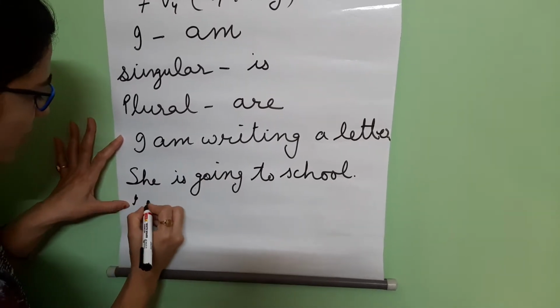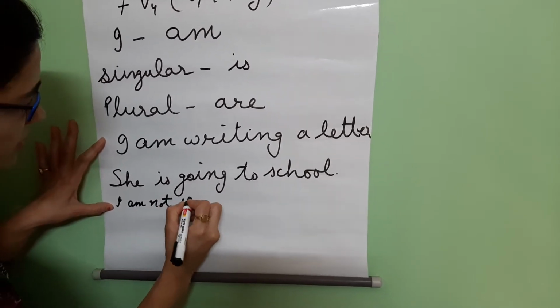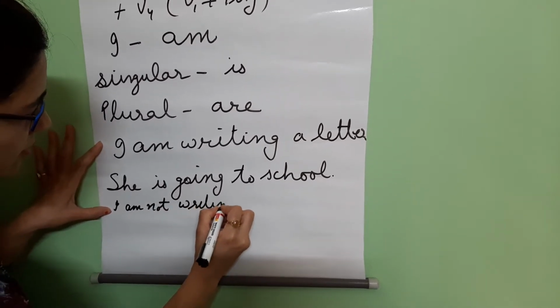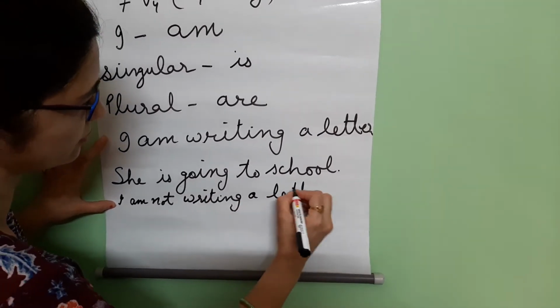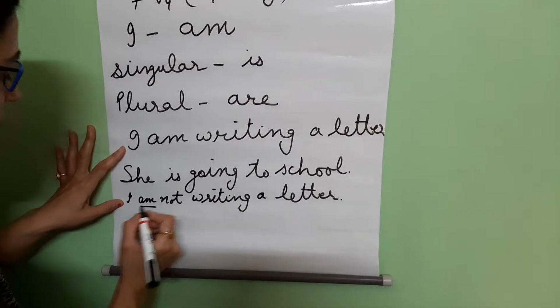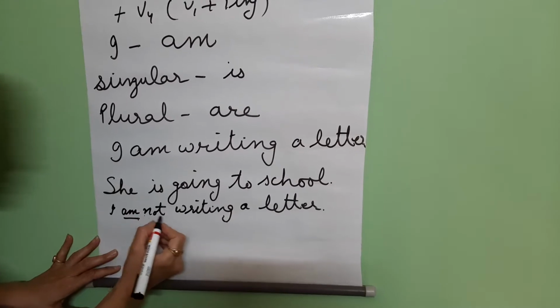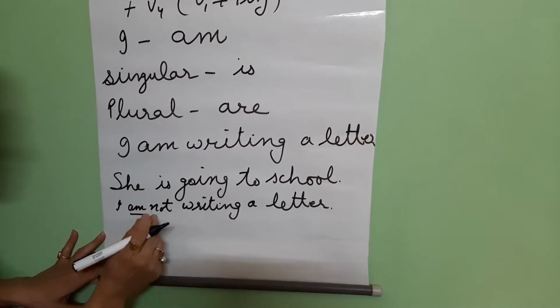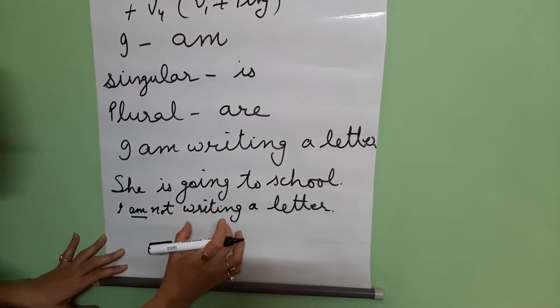I am not writing a letter. Am is a helping verb and not is always used after the helping verb. Not is situated between helping verb and main verb.